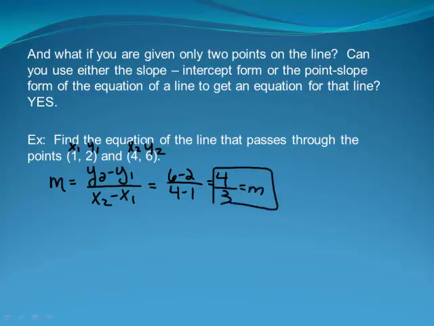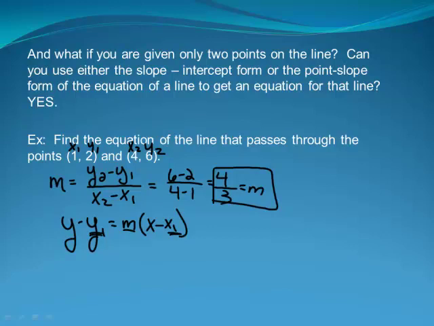Our slope is 4/3. Now to use the point slope form, y minus y1 is equal to m times the quantity x minus x1. You need the slope, which we have, and you need a single point, which we also have. In fact, we have 2 points. So the question then becomes, well, which point do you use to put in for x1, y1? And the answer is, it doesn't matter.